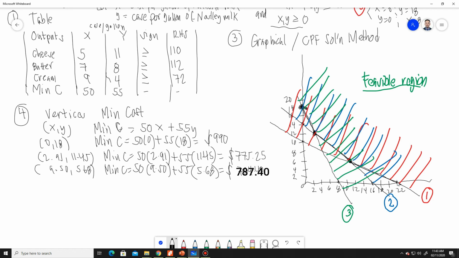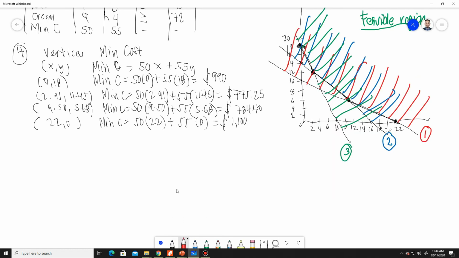And for the last vertex, which is here, that is 22 and 0. That is $1,100. Since we are getting the minimum cost, we will get the lowest value among the answers. So the lowest value is this one.